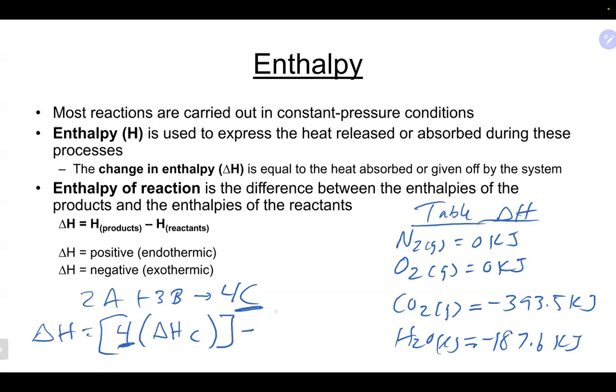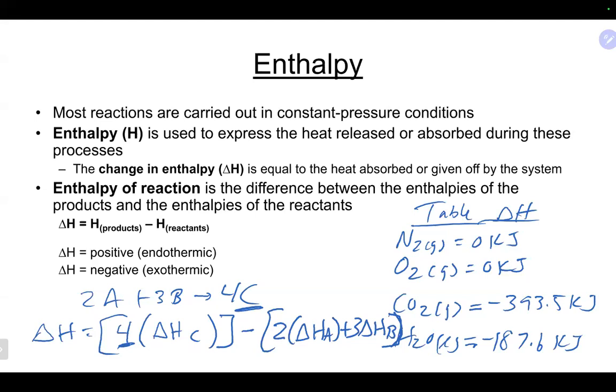Then we would subtract from that the coefficient for A, which would be 2, times the delta H value of A, plus 3 times the delta H value for B. And that is how we would go about calculating. So when you're given just an equation and you're asked what is the delta H of this reaction, you would go to this table. You want to always multiply by the coefficient times whatever value you find in the table. Do all your products minus all your reactants, which again is that state function we talked about, which is final minus initial state.